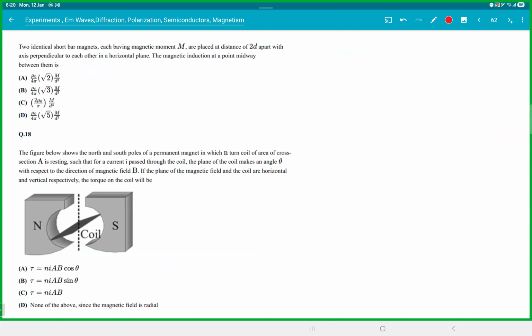Let's see whether you'll get the picture. First one, did you guys get the picture?